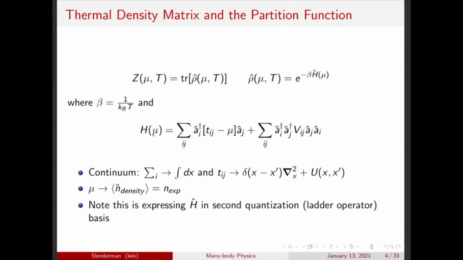So what I've written here is the Hamiltonian expressed in the form of second quantization using these ladder operators. But we can always choose to express H in a different basis and to take this trace in a different basis.